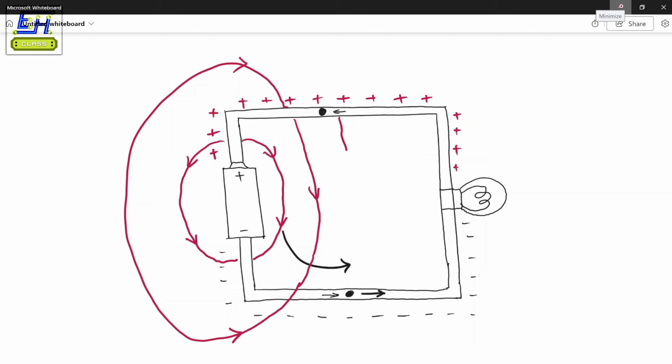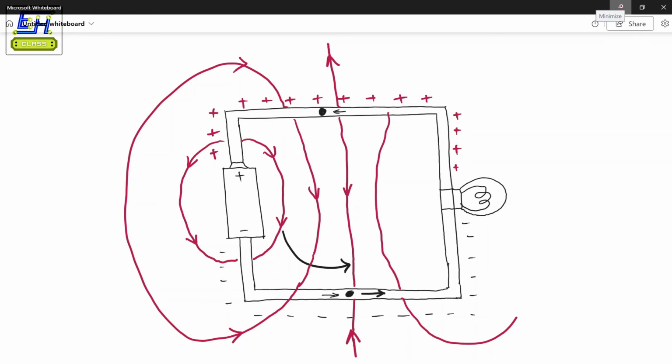In the middle of the circuit, it will be something like this, similar to what we see in a capacitor. When you have the positive plate and the negative plate, you see this straight electric field. When it goes outside, it will be opposite. And as I said, this will extend all the way to the load.